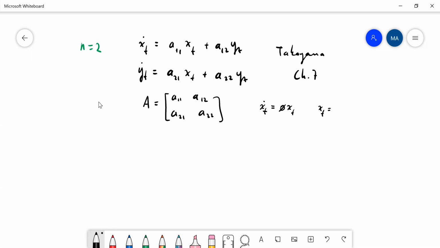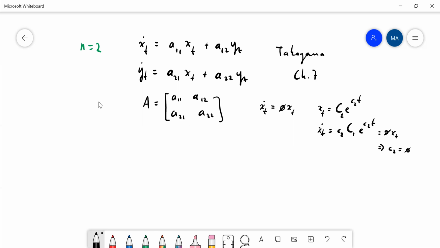I assume that there's a solution, let's say C1 e to the C2t. Then I realize x dot t is equal to C2 C1 e to the C2t, right? So if you equate this with phi xt, you realize that C2 is just equal to phi, right?